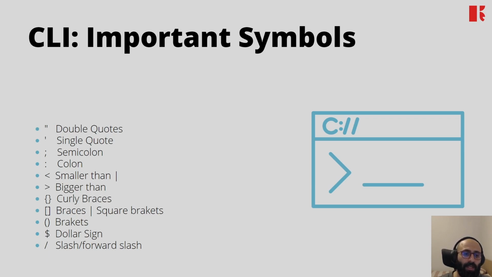Double quotes, single quotes, semicolon, colon, smaller than, bigger than, curly braces, or opening and closing curly braces. The same goes for square brackets and normal brackets or parentheses, dollar sign, and slash. There are other symbols, but we will be covering those in the future.